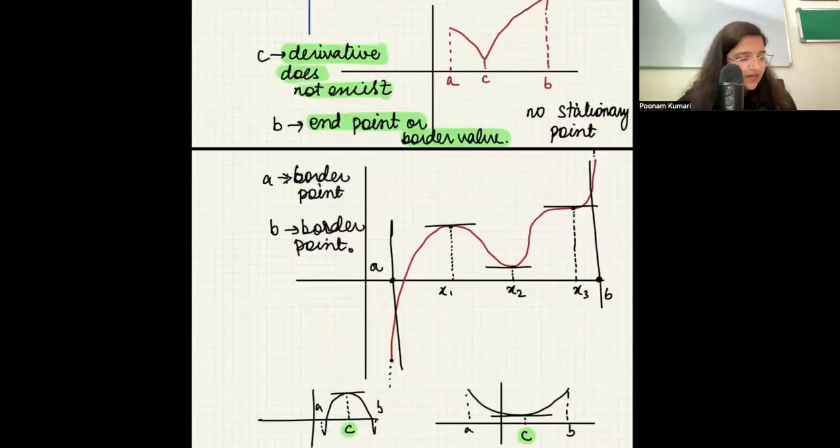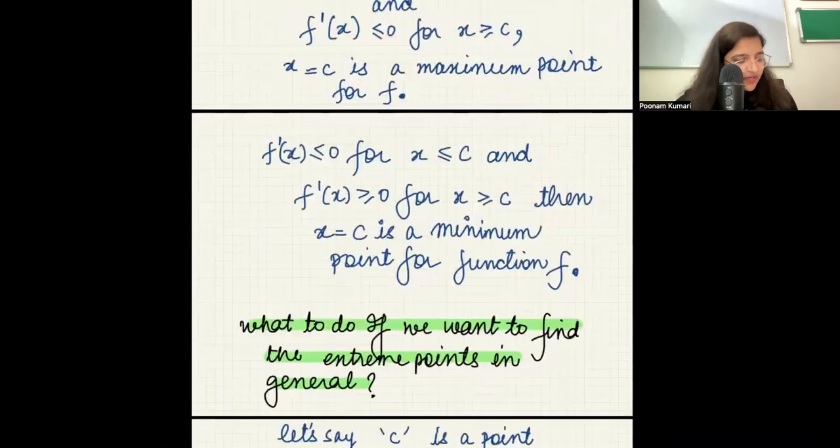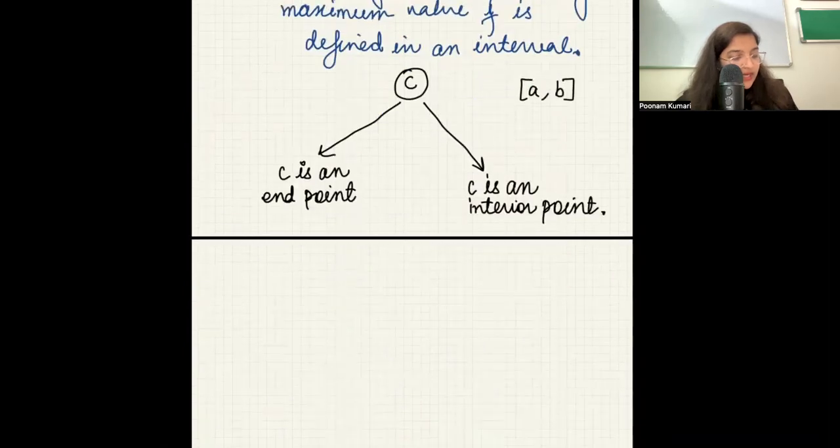Okay. In this third case, your maxima and minima were actually points A and B, and point C was not in the middle. So wherever you see point C being an interior point, it is either a stationary point or the derivative does not exist at point C. These are the two properties that can happen, right?